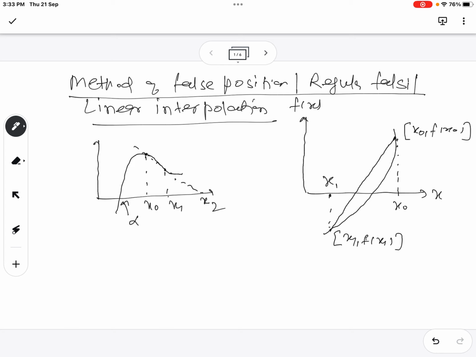Now we draw a chord joining these 2 points, and wherever this chord cuts the x-axis, that is the new approximation. Now using this point, we draw another chord, and from that we get another approximation, and this way we obtain the root.